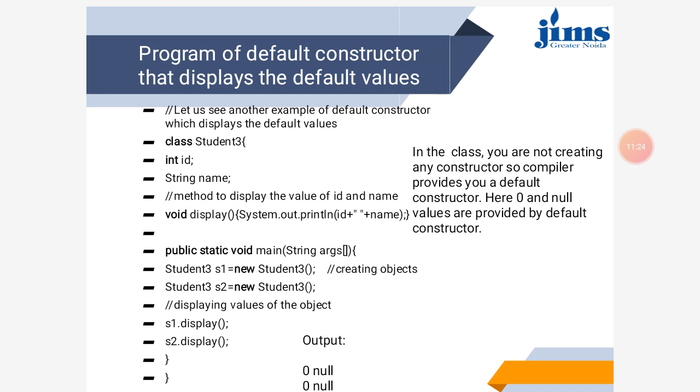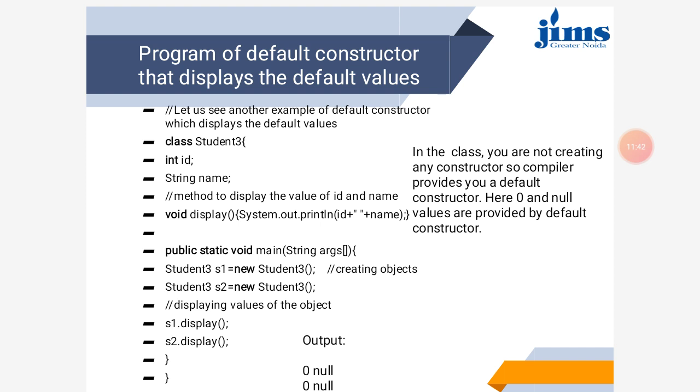So we are creating two objects, and we are simply calling the default constructor, that is Student3(), and then we are calling the display method with the help of s1 and s2 objects.